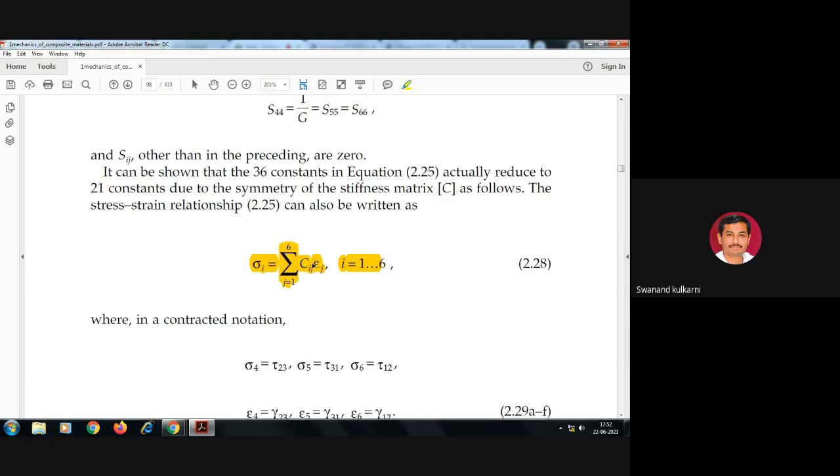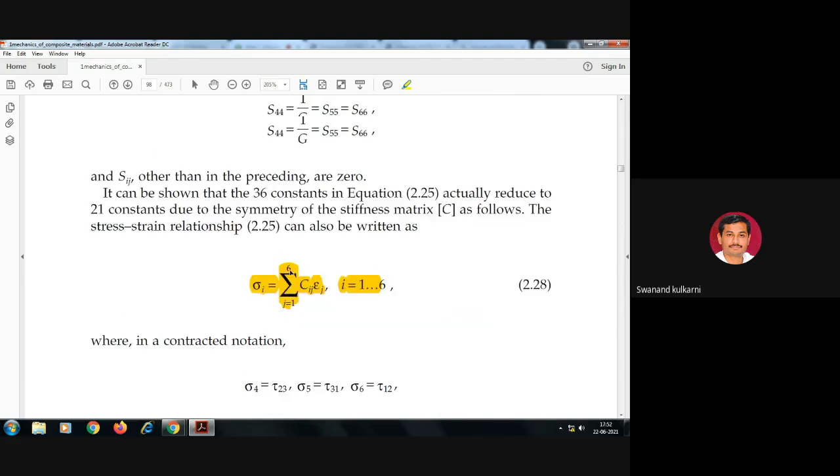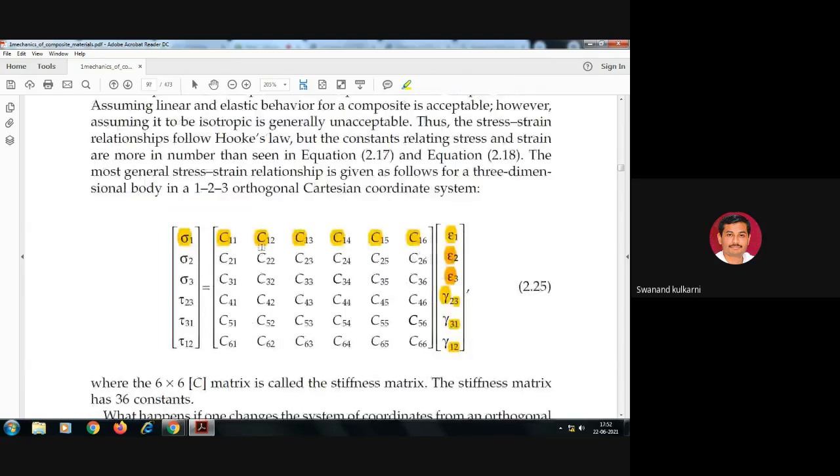And for each and every j, this sigma 1 will be the addition of these elements. Then sigma 2 is the addition of these elements. For sigma 3 again the addition of these elements. So like this, 6 times these stress values will get calculated with these summation values. Is it okay? So this particular equation is nothing but this total matrix.